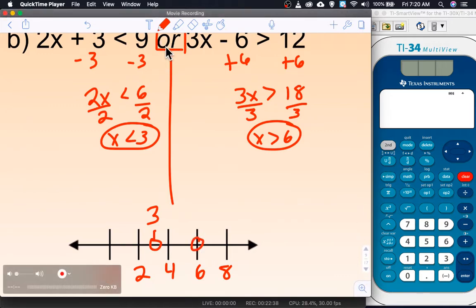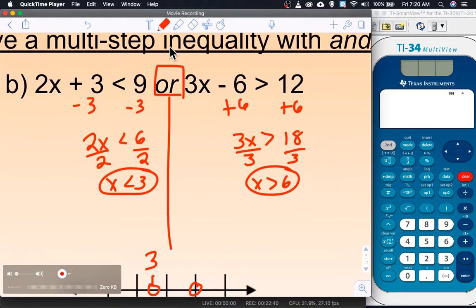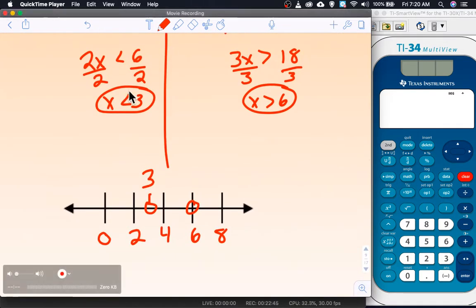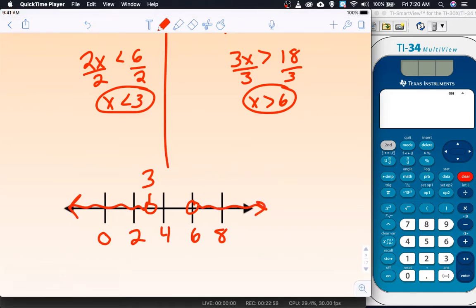And we can see this in or inequalities, and we saw that or inequalities almost always shade on the outside, but it's worth checking. From 3, we're shading less than. Yep, looks like we might be right. From 6, we're shading greater than to the right. Yep, we're definitely right.